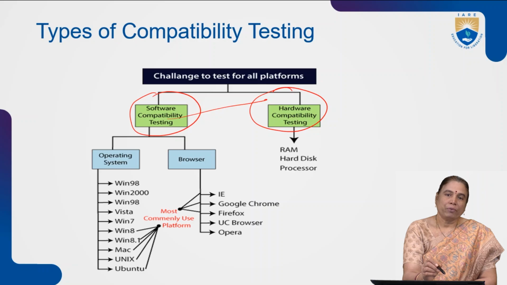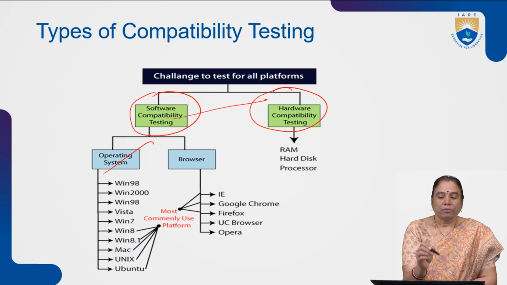In software compatibility testing, the application is tested against various operating systems like Vista, Win7, Win8, Unix, Ubuntu, Linux. How the application behaves on each operating system must be noted.